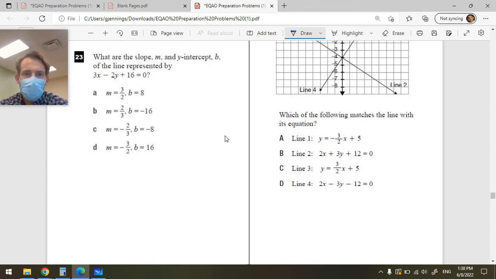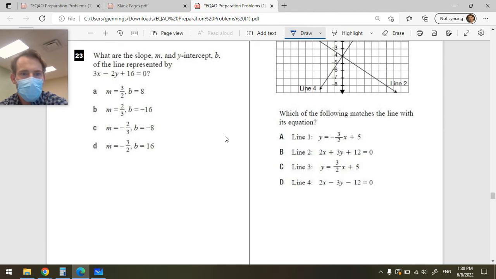What are the slope m and y-intercept b of the line represented by this? Okay, so we need to convert to y equals mx plus b form and then read those values. 3x minus 2y plus 16 equals 0. You don't have to always move this one and this one. You can also move the y if that's what you prefer.